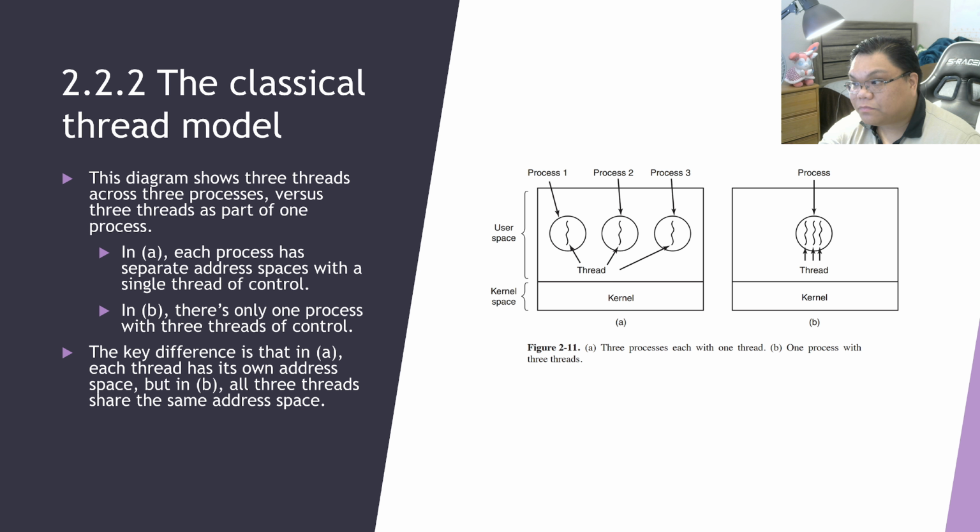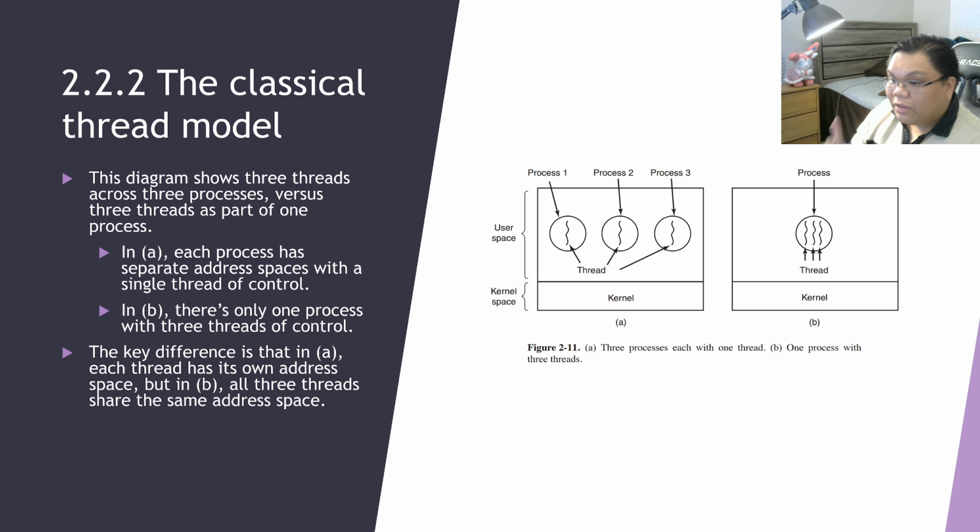So, we're gonna compare processes versus threads. So here we have 3 threads, but in scenario A, we have 1 thread per process. In scenario B, all 3 threads are part of the same process. In A, each process has a separate address space with a single thread of control.